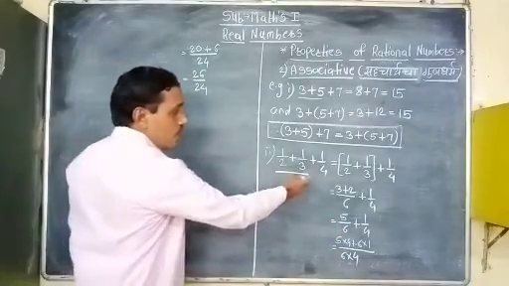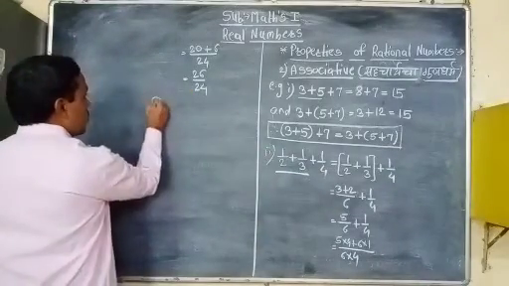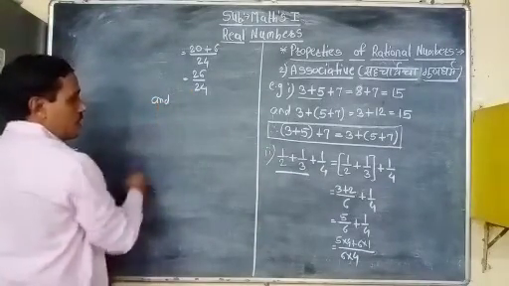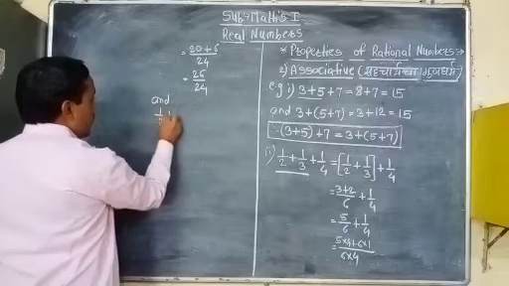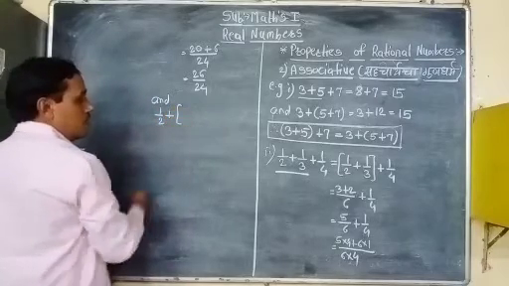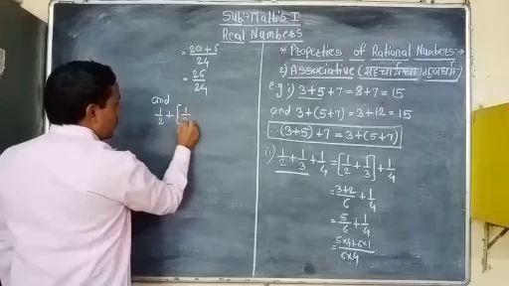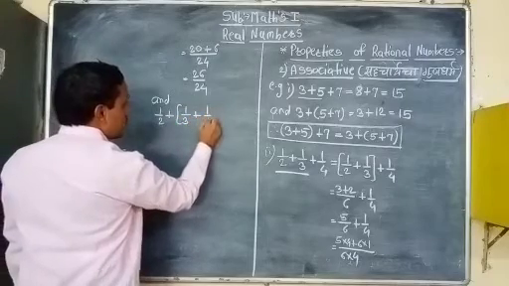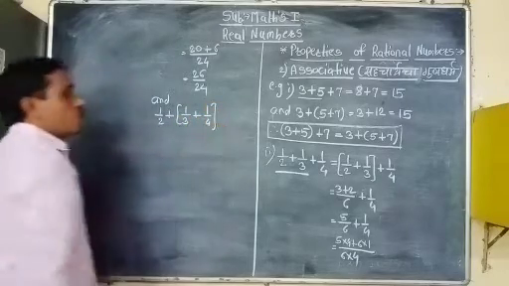Now we take the other grouping: 1 by 2 plus, in brackets, 1 by 3 plus 1 by 4.